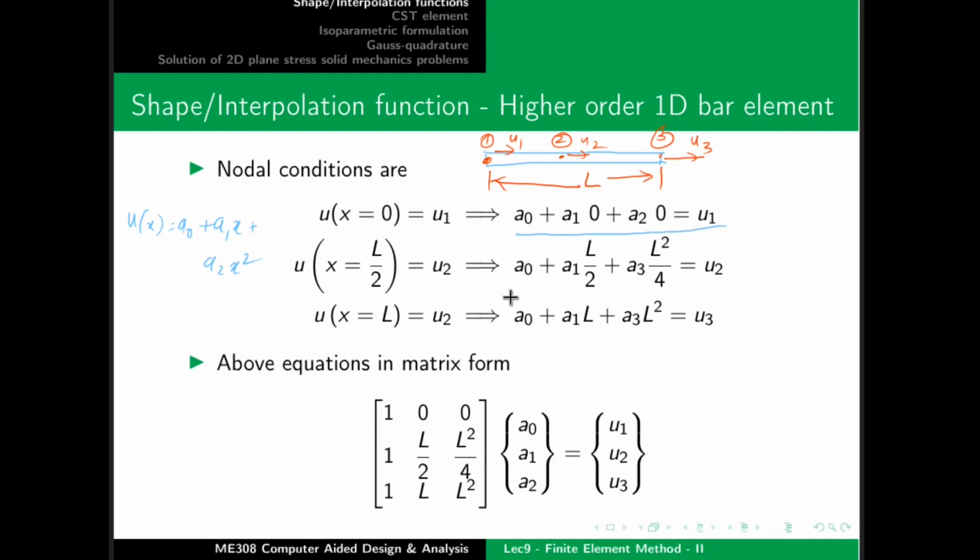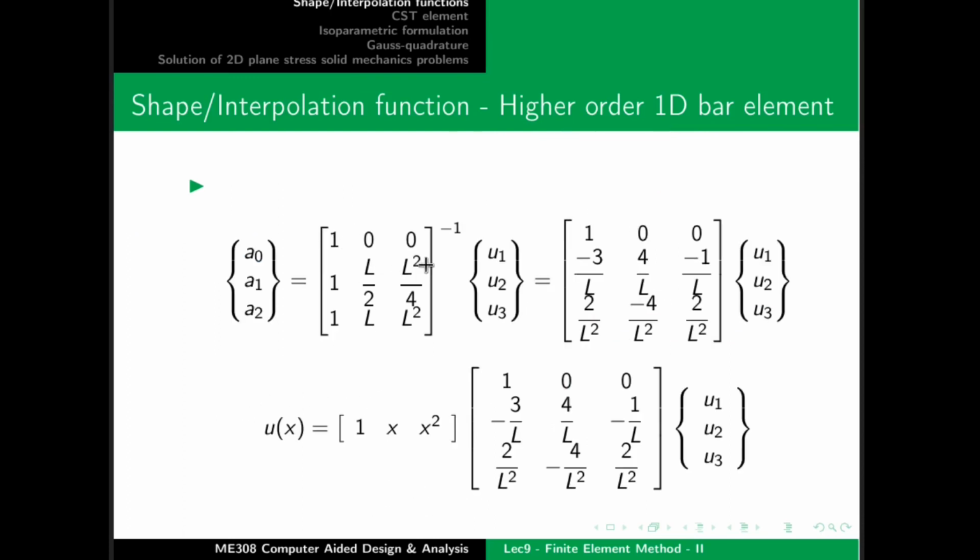When x equal to L by 2 we get this expression, and x equal to L we get this expression. So we get these 3 expressions. Now we can represent them in matrix form like this, as a product matrix. Next we have to find this matrix a0, a1, a2, so for that we will take the inverse of this matrix.